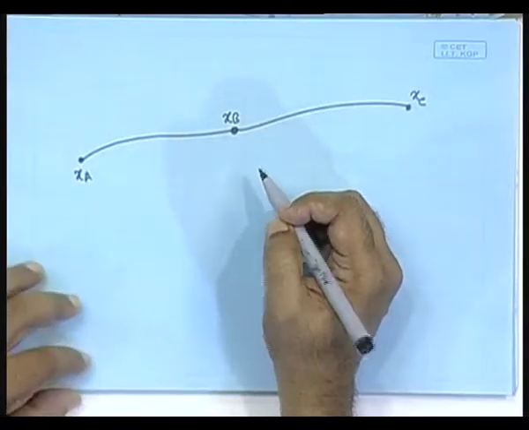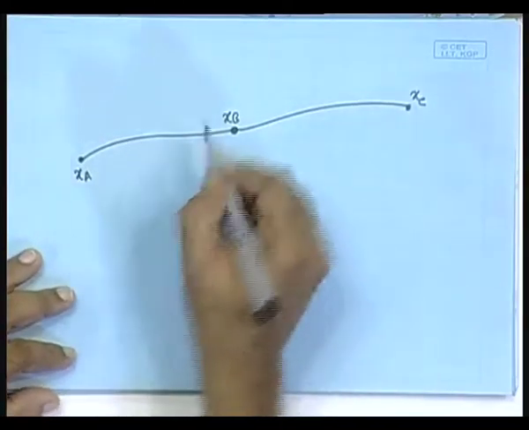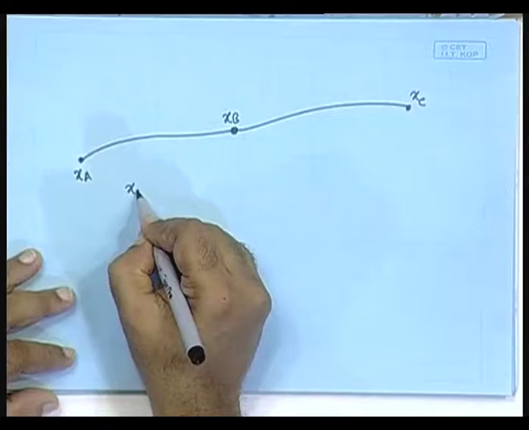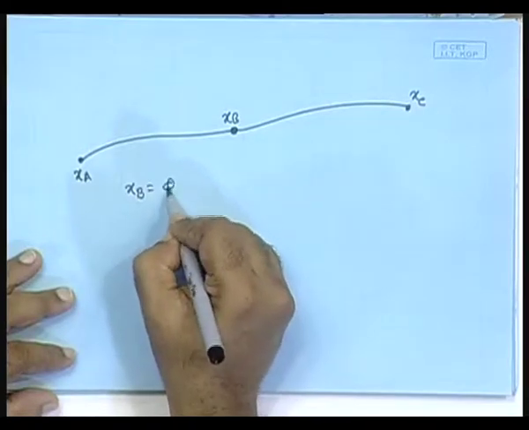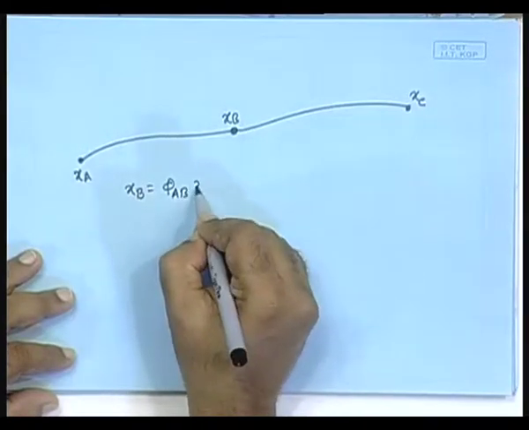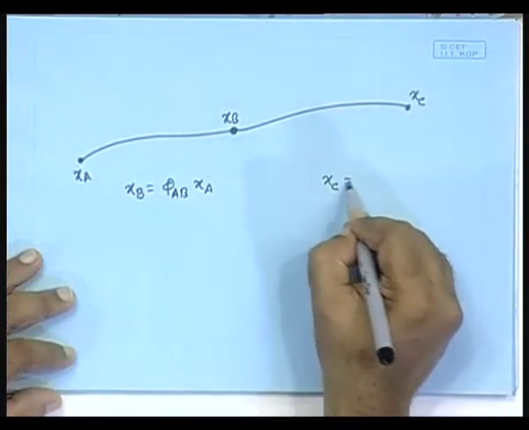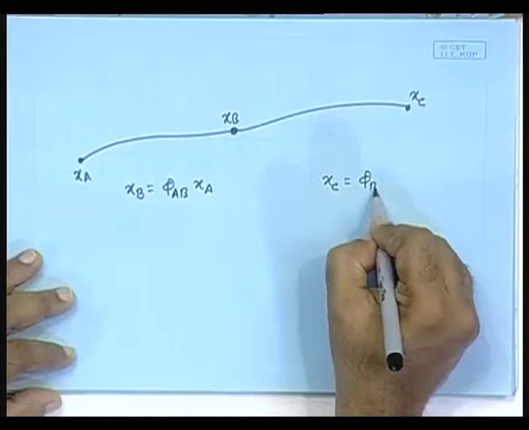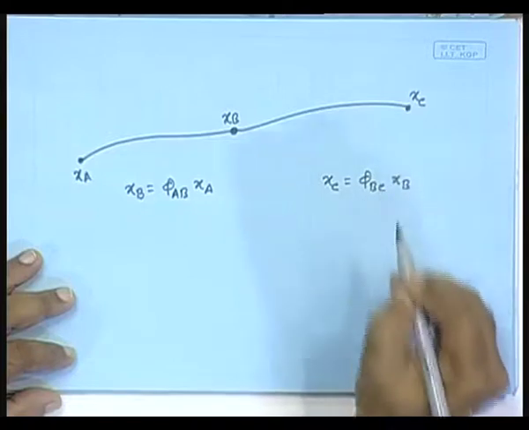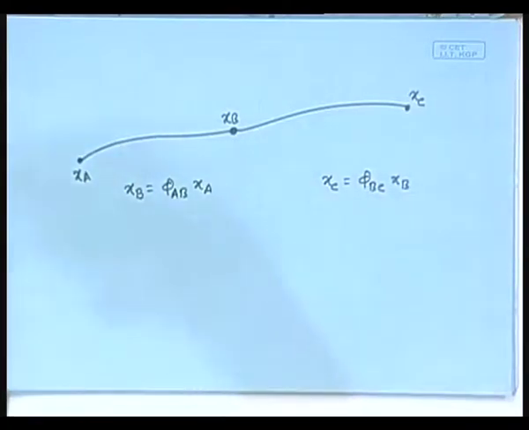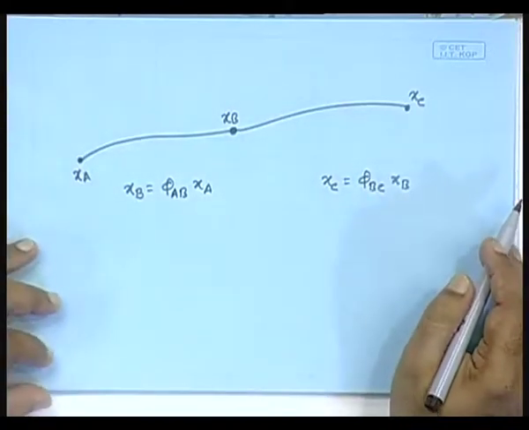Then, as we have just done, x b is equal to phi a b x a. You can also write x c is equal to phi b c x b. So, these are the individual state transition matrices.